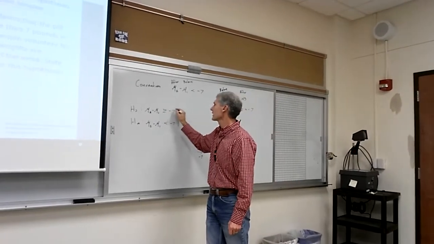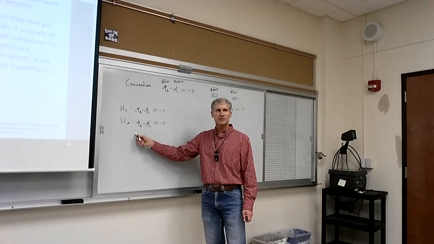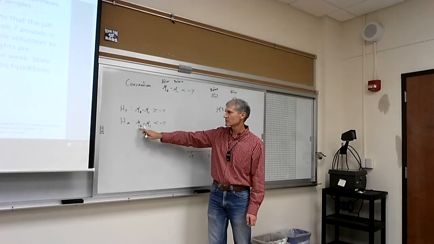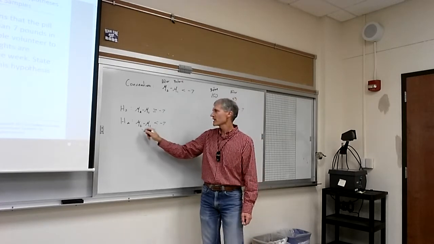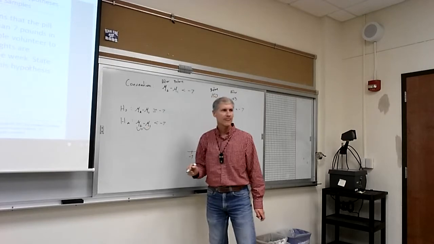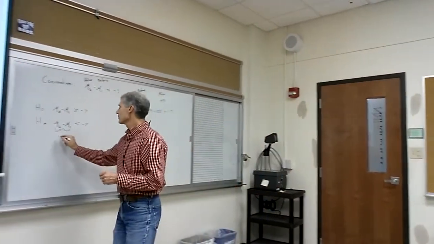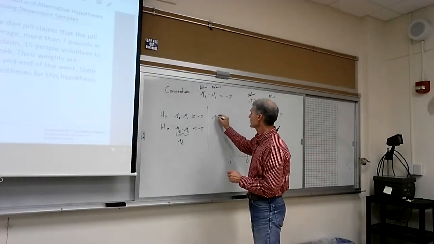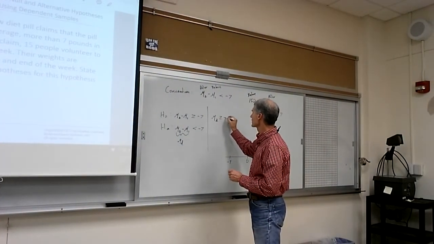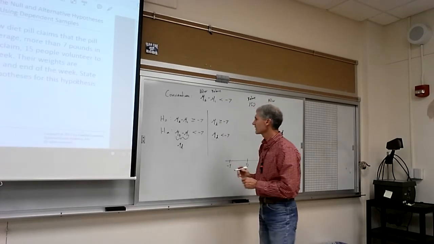Greater than or equal to negative 7. But these are paired data, so we don't write our hypotheses in terms of mu2 minus mu1. It's the differences. So we replace this with mu d. So the hypotheses are mu d greater than or equal to negative 7 and mu d less than negative 7.